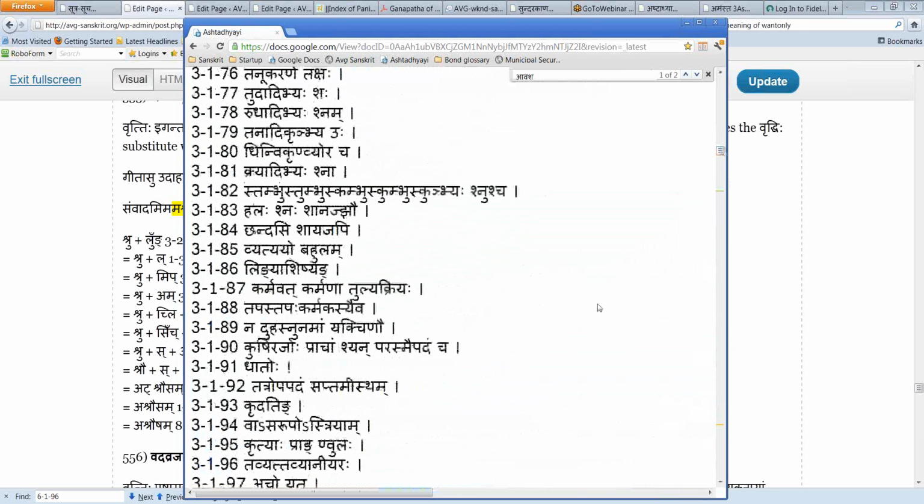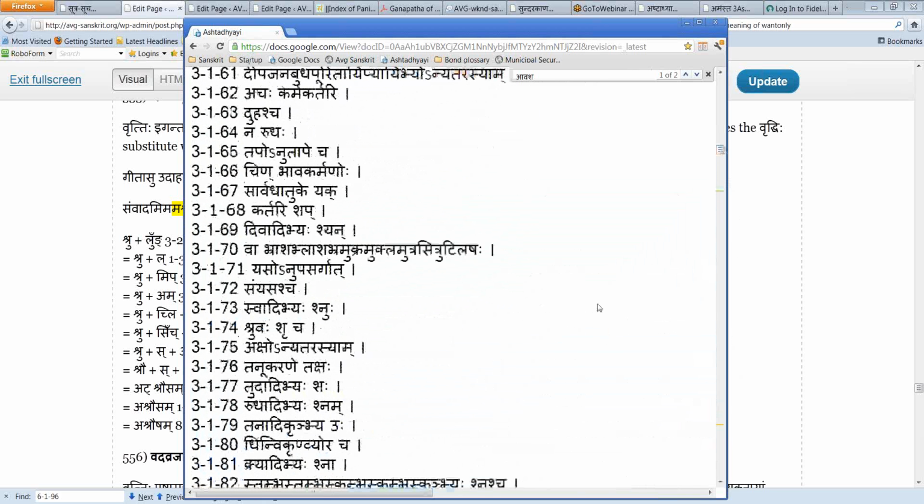Actually this dhatu shru is in the bhvadiganaha, but it takes the vikaranaha shnu because of shruva shruja. So if this were a lang lakaraha, the shru would have taken the shru adeshaha. It will become ashrunavam.